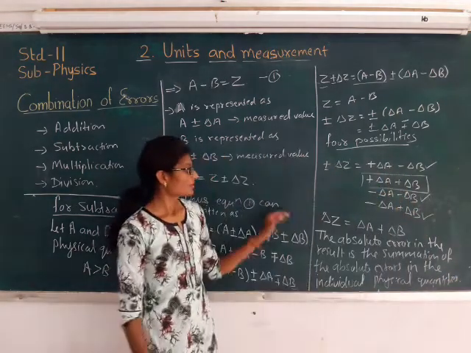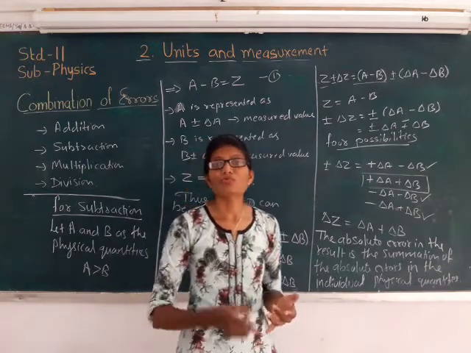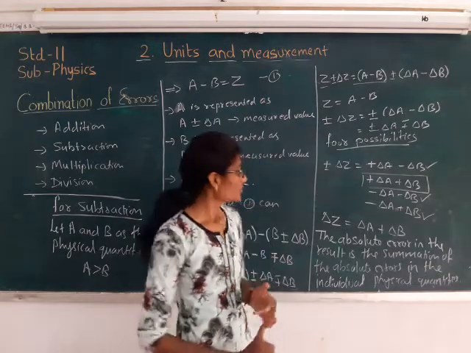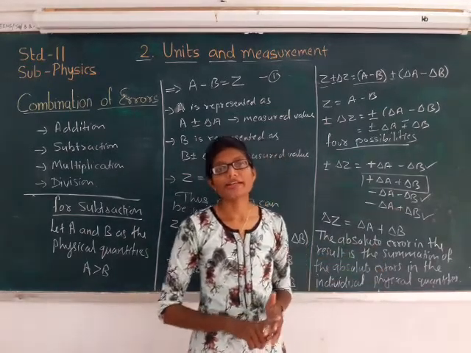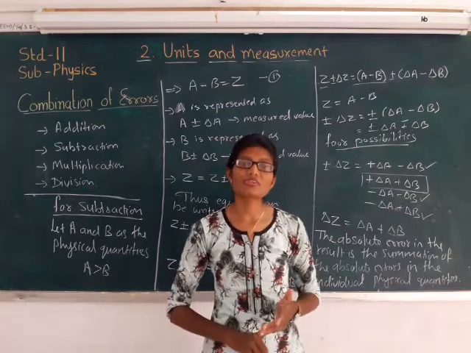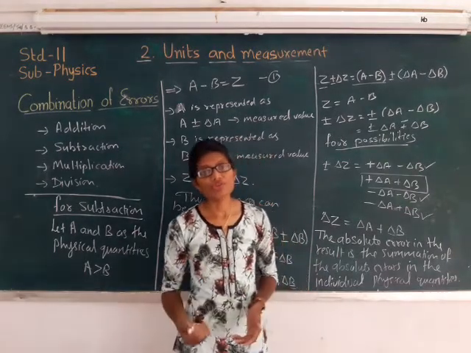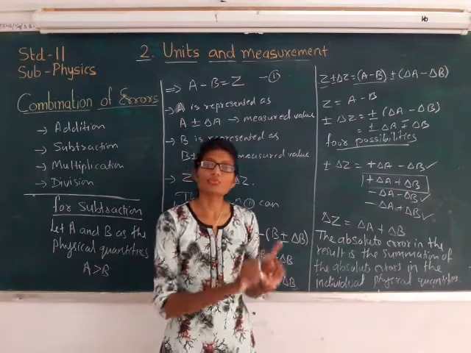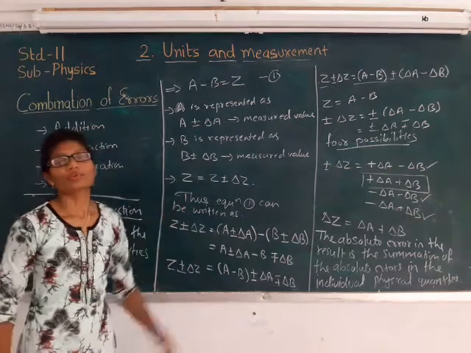So the rule for addition and subtraction is the same. That is, for both addition and subtraction, you can write the same rule: the absolute error in the result is equal to the summation of the absolute error in the individual physical quantities. So students, you may note down this.